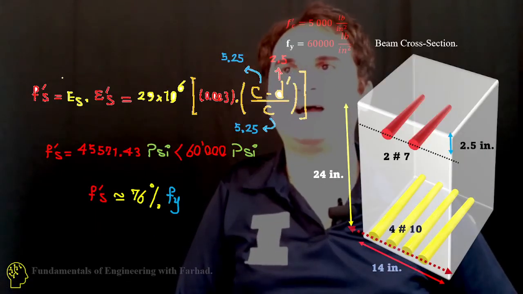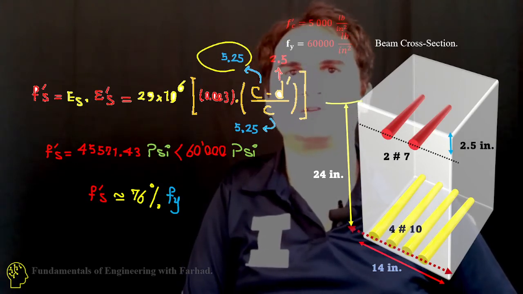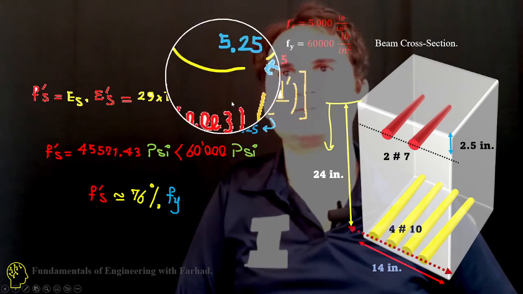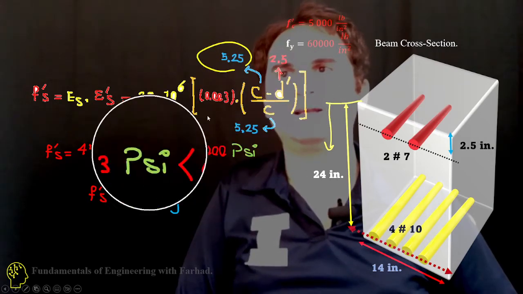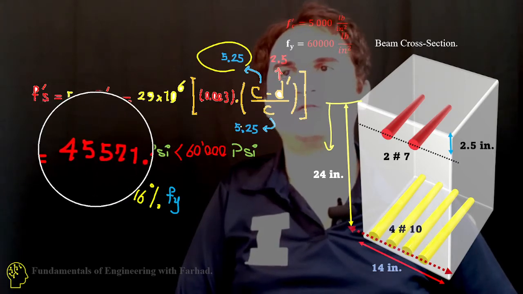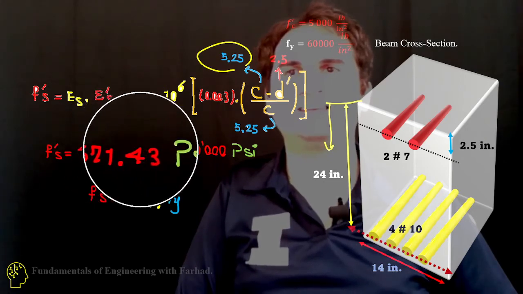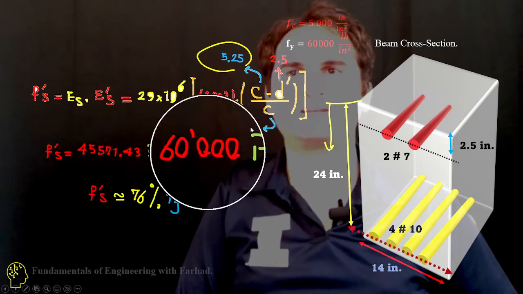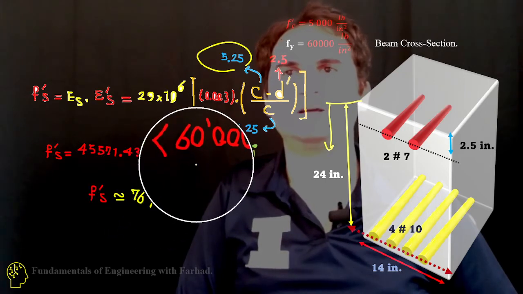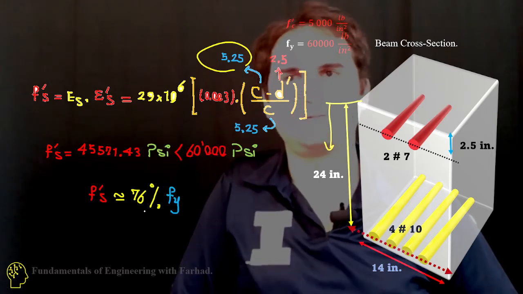So as soon as we have the neutral axis location, which is 5.5 from the top of the section, we can jump into the equation of f prime s and plug it in, and it gives f prime s almost 46,000 psi. That's almost 76% of fy, which is 60,000 in the problem statement.